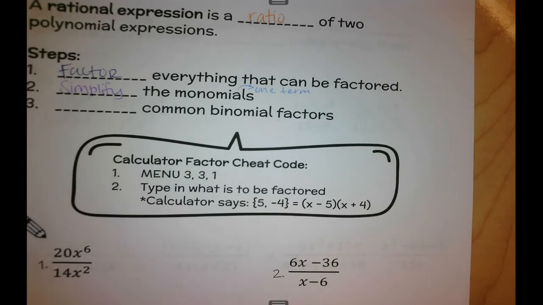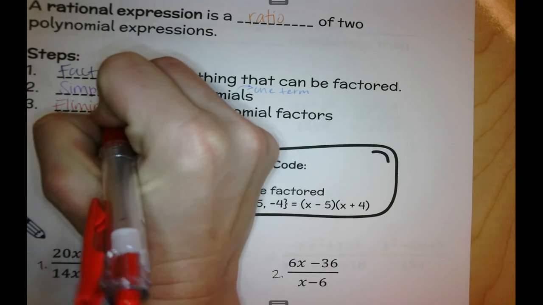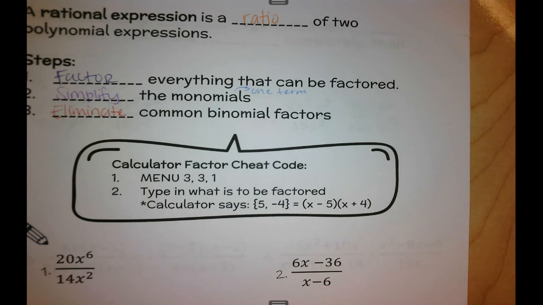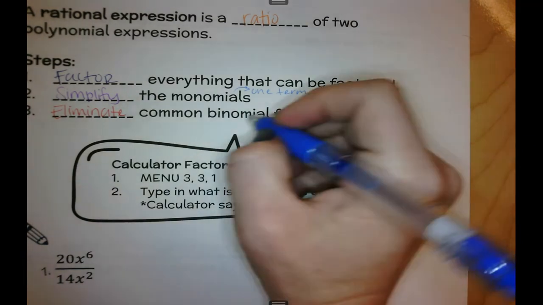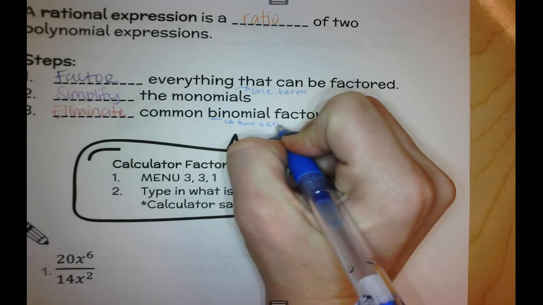So finally, in step 3, we will eliminate common binomial factors. And our binomials, what bi means is 2 terms.